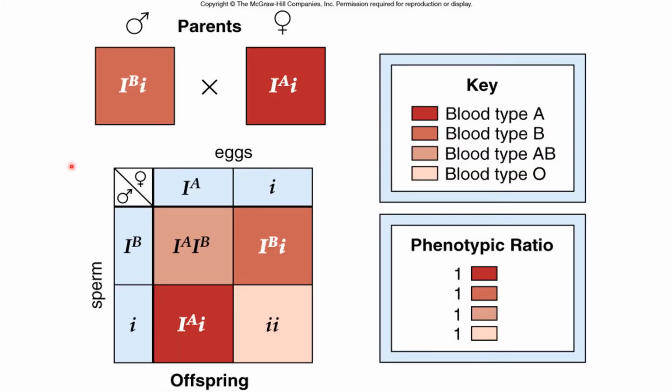Let's try to cross two parents of the monohybrid, where one is heterozygous B group and another one is heterozygous A group. Look at the alleles here, B allele and O allele, and also for the mother, A allele and O allele.